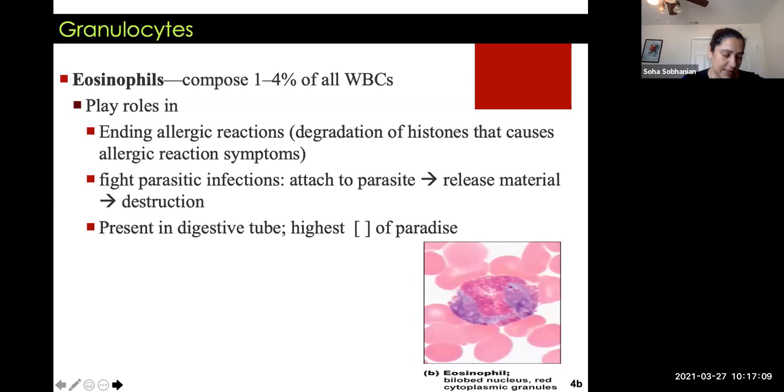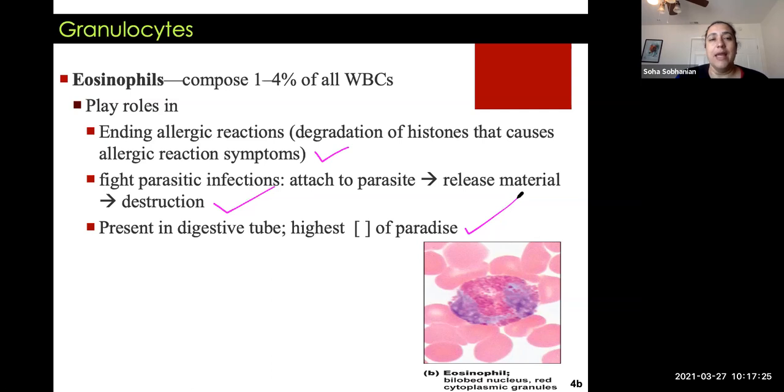Eosinophils. Eosinophils are the next type we have. They are one of the least common ones that we have. What do you need to know? Very important, guys, these 3 points are all important for eosinophils.